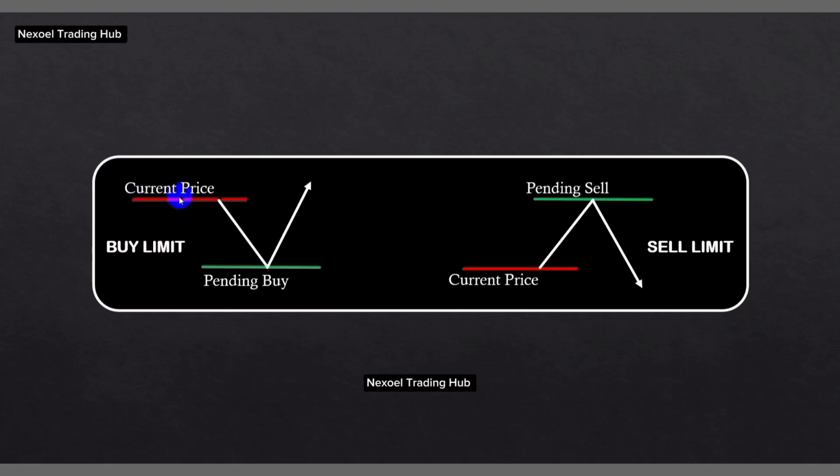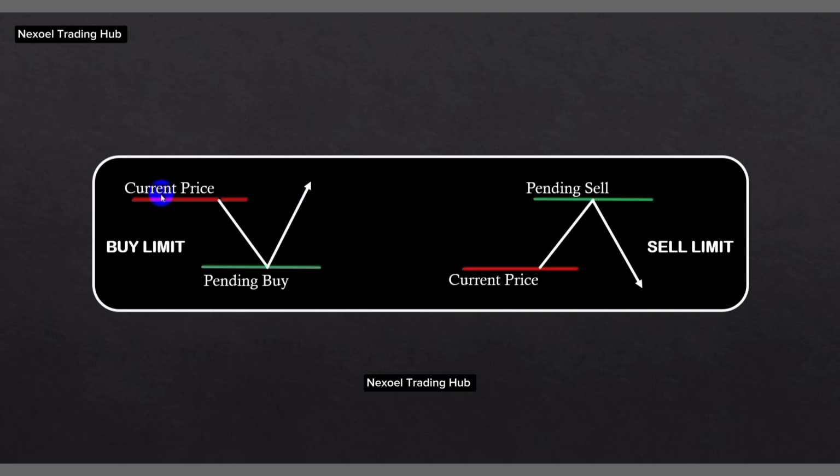So what you're saying is you don't want to execute your trade at the current price. You're looking at executing the trade when the market drops down to this price level, and then you execute your buy entry at this particular price level to trade the markets to the upside.